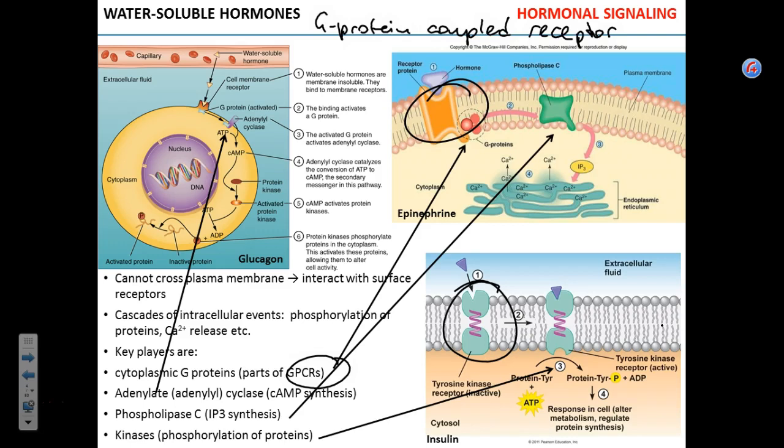They activate intracellular G protein. Okay? You follow me? G protein then can do one of two things. Thing number one, it can activate the enzyme called adenylyl or adenylate cyclase.